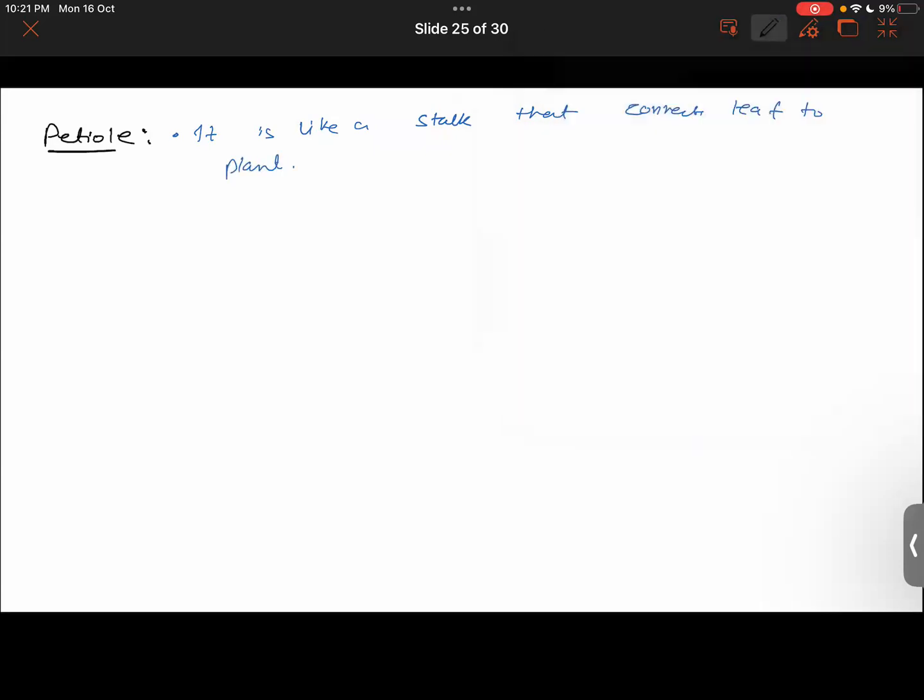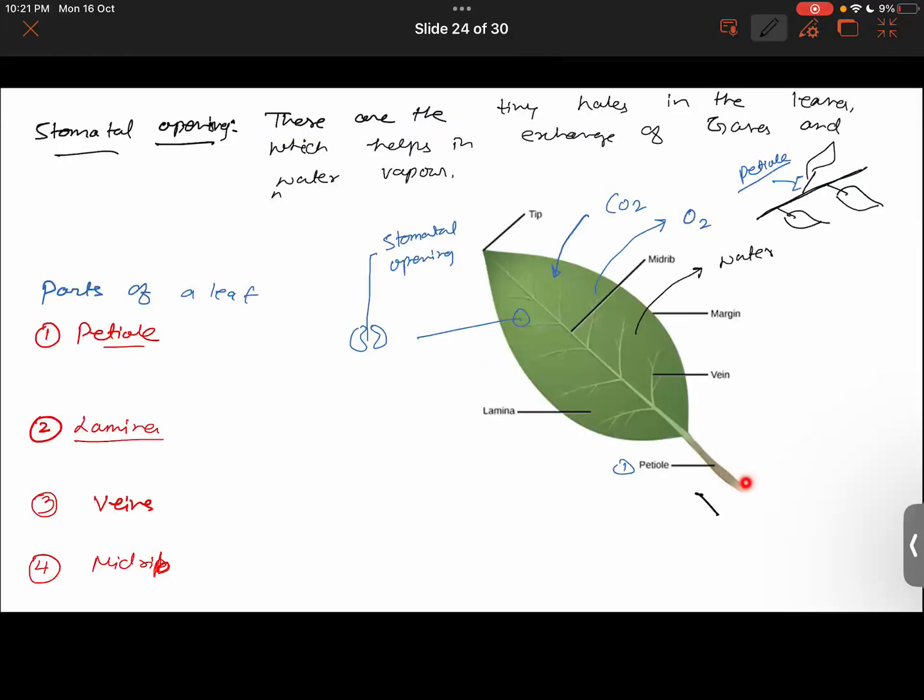Okay, and further हम ये भी कह सकते हैं ना, it will be carrying all the water and minerals required by the plants, and it will also take the food prepared by the plant to other parts of the plant. क्या हम कह सकते हैं that suppose ये एक branch से connected, एक stem से connected है for example, and this stem will be taking up water from the ground, and that water will reach the leaf via this petiole only now, है ना?